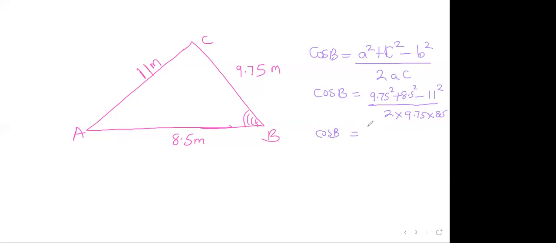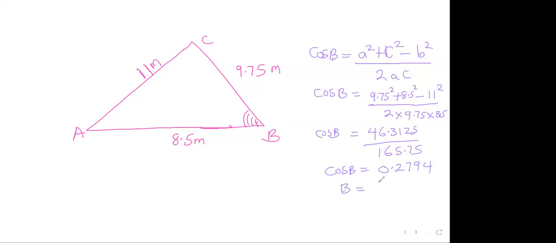Okay, should I just give you the final answer? Yeah. It gave me cos B is equal to 46.3125 divided by 165.75. Cos B is equal to 0.2794.